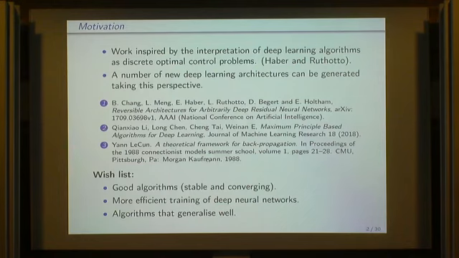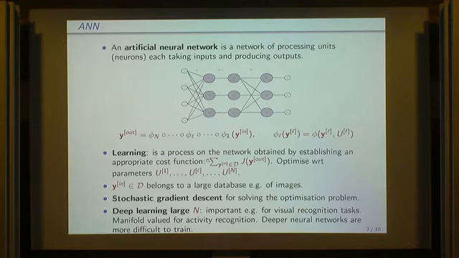The interest is the fact that you would like to use this interpretation in order to design new, good algorithms, to have more efficient training of deep neural networks, and to have algorithms that generalize well. And we have already discussed this earlier with Ben and in our informal discussions yesterday, especially, but I will recall what I mean by that.